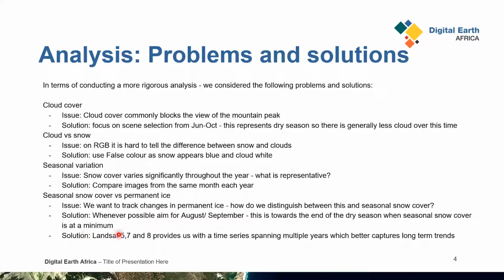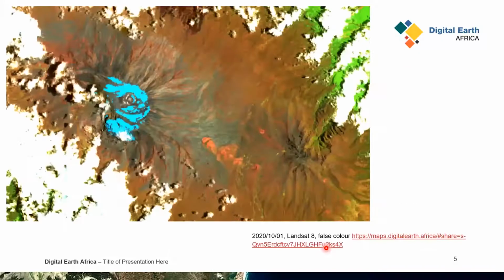Then we used Landsat 5, 7, and 8 data to get time series data spanning multiple years, so that you can capture the long-term trends. So this is in 2020. You can see that the snow cap cover is a little.